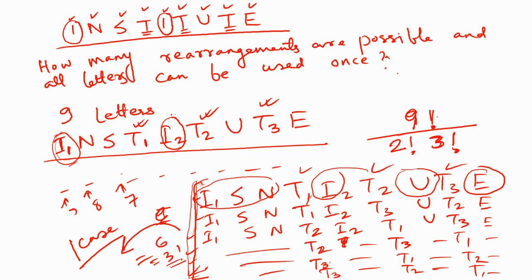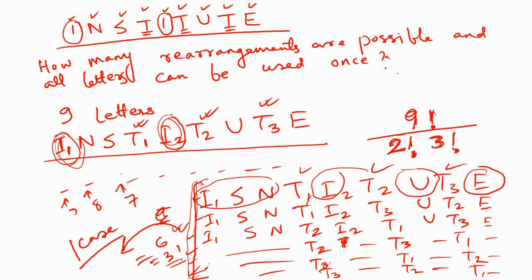I hope this is clear now, because I explained it a bit more for people who might not have understood what I said before. Similarly, for I1 and I2, we have two same letters here, so we are dividing by 2 factorial for the same reason.